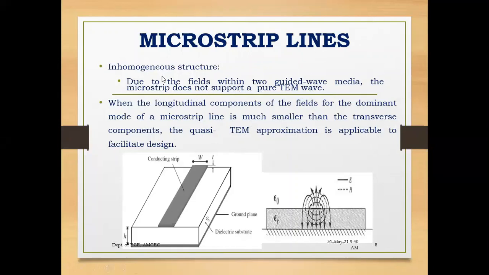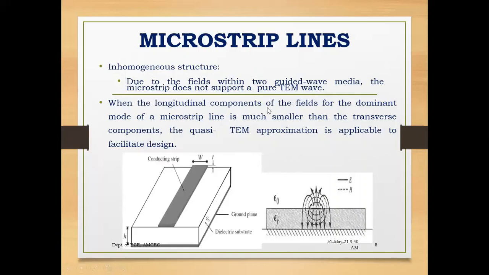The microstrip line structure is called an inhomogeneous structure, mainly because you have fields within two guided wave media. The microstrip doesn't support the pure TEM wave. It supports quasi-TEM wave, so it is called an inhomogeneous structure.